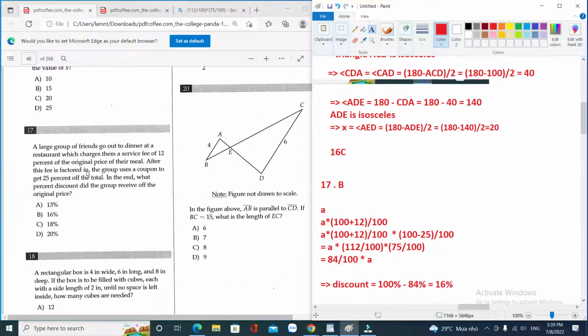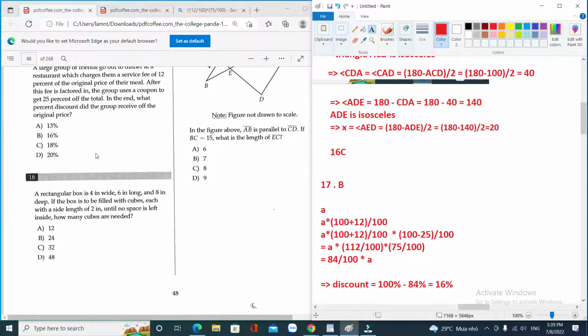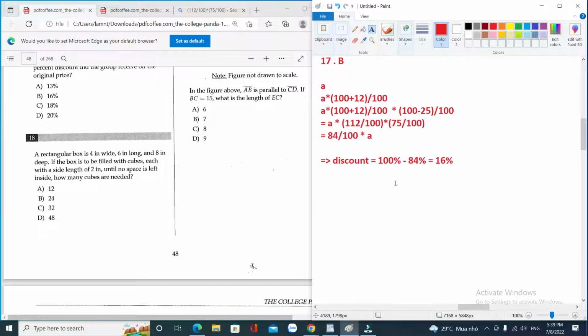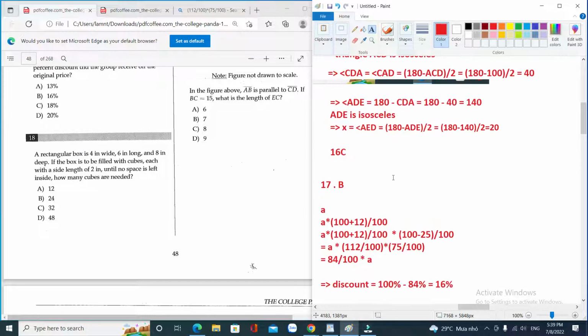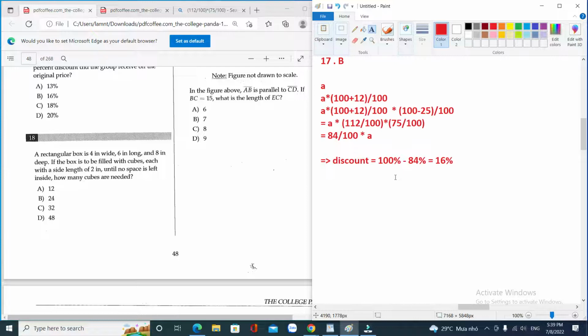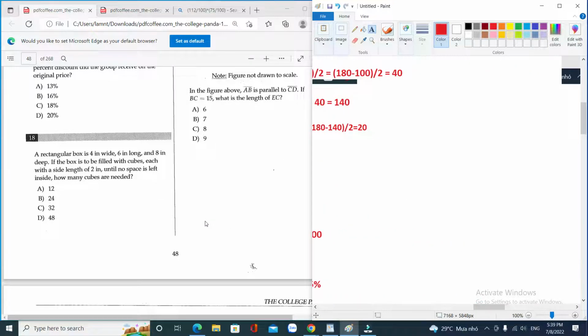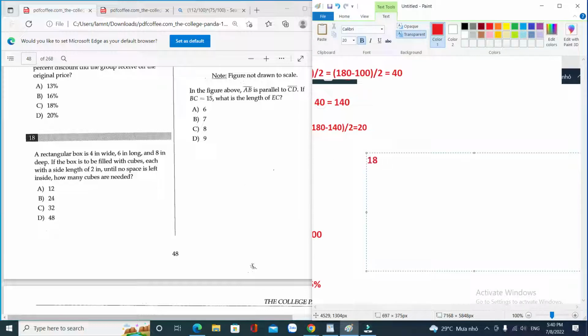Okay. Let's check number 18, 19, and 20. So 18. A rectangular box is 4-inch wide, 6-inch long, and 8-inch deep. If the box is filled with cubes, each of size 2, until no space is left, how many cubes are needed? This is just an easy question.